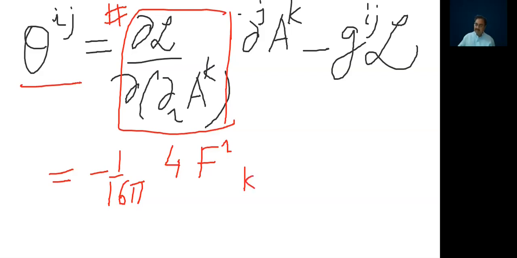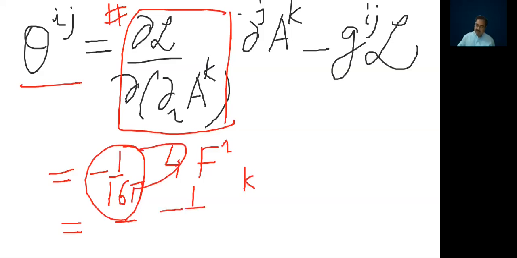Okay. Now, if you like, you can further write it a bit in a different way. That is this whole thing, minus 1 over 16π, and the 4 gets cancelled. Of course, you then get minus 1 over 4π, right? And this F^ik can be written by taking this index down, again using the metric tensor.